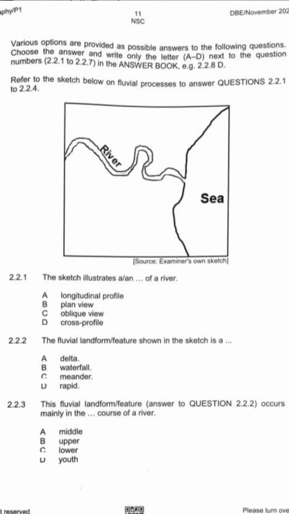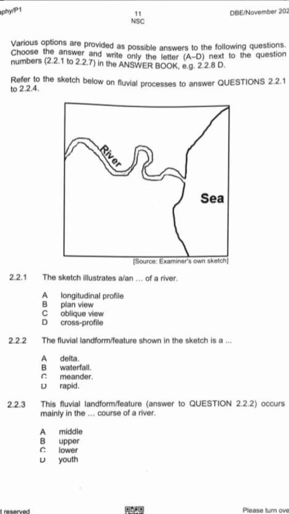Of course, that would be the middle course, guys. It has to be the middle course. I understand that this is a lower course, but they say this landform occurs mainly. Where do you find it? Mainly. So it's very important that you read the question properly.